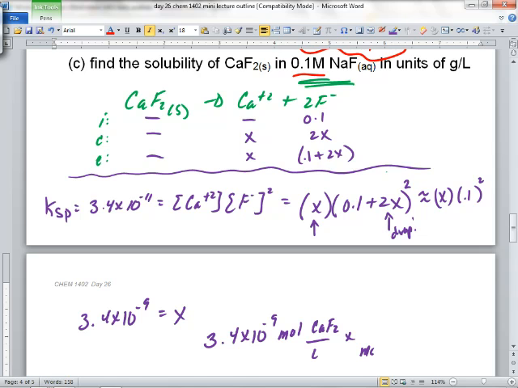And you said a mole was 78.1. Okay. So about 2.7 or so times 10 to the negative 7.